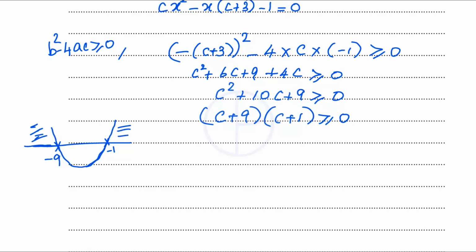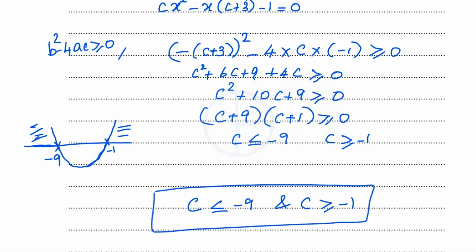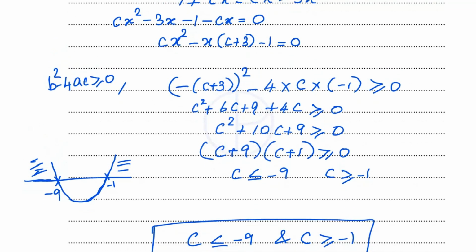So c is less than or equal to negative 9 and c is greater than or equal to negative 1. These are the set of values of c.